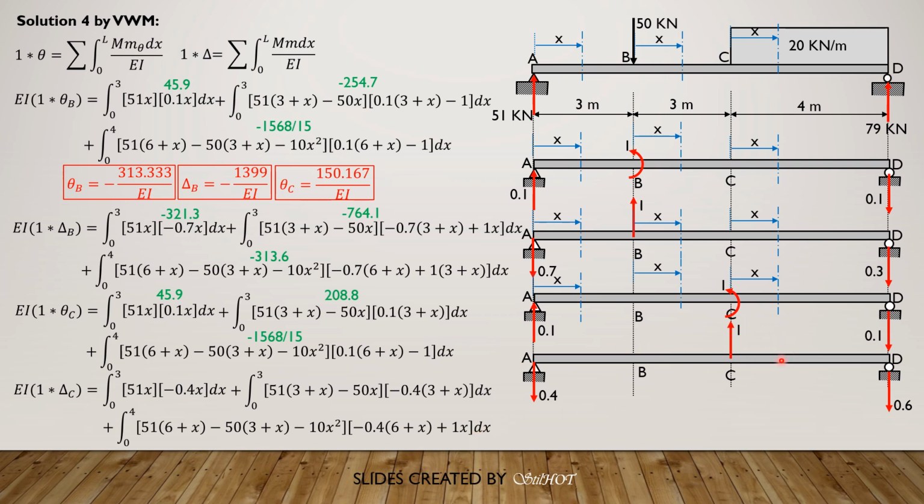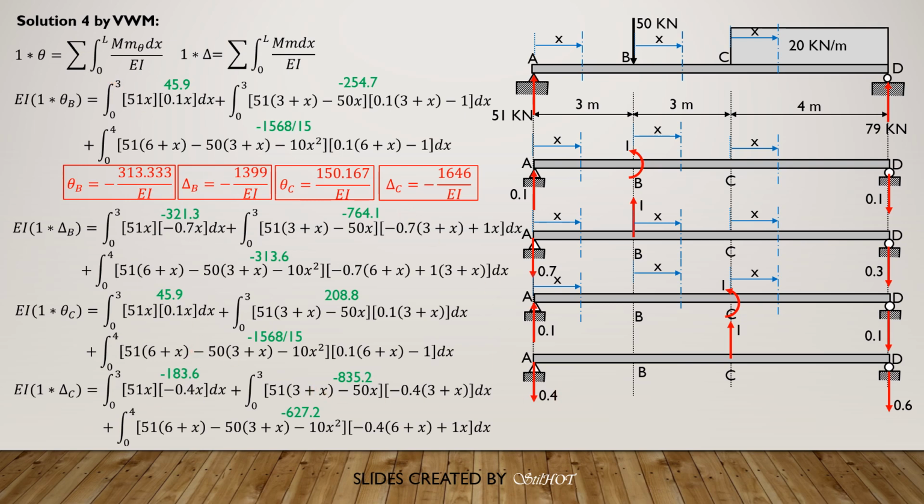So the sectioning is the same as above. Then the value of the first integral is negative 183.6, the second is negative 835.2, the third is negative 627.2. So combining, delta C is negative 1646 over EI as before.